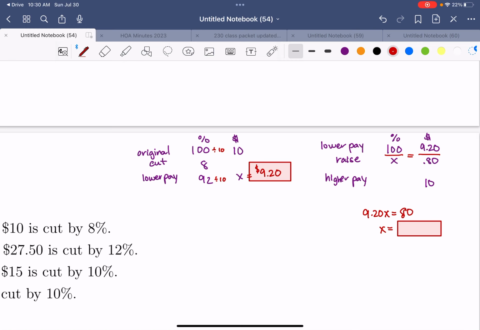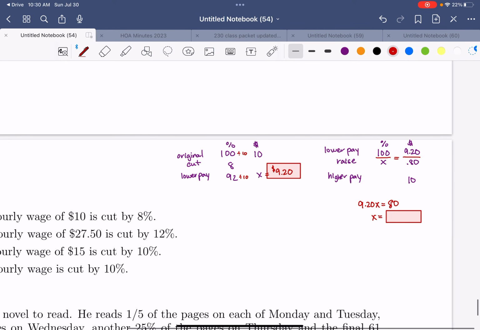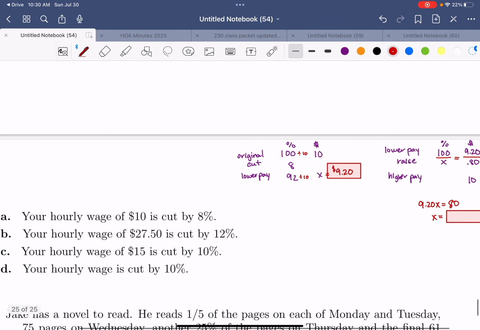So now your lower pay is 100%, and you're asking what percent raise do you need to get back to $10. The same kind of setup works for each of those. You're just going to switch out the dollar amount and the percentage. Now on the last one, when it doesn't give you an amount of money, you can either pick one or use a variable to hold that spot, so that you can see what's going on.